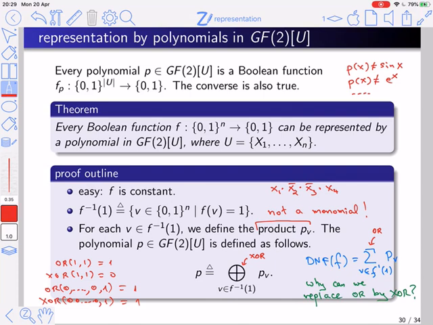And in fact, I can do that as follows. I can write it as x1 times (1 XOR x2), that would be the negation of x2, times (1 XOR x3) times x4. And now I take this expression and I open the parentheses and I get a polynomial. And this will be the sum of these polynomials, and that completes the proof.